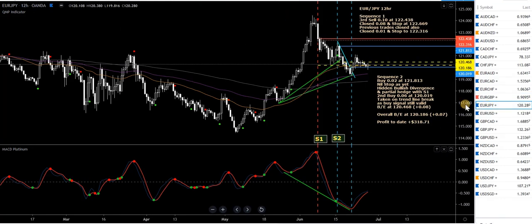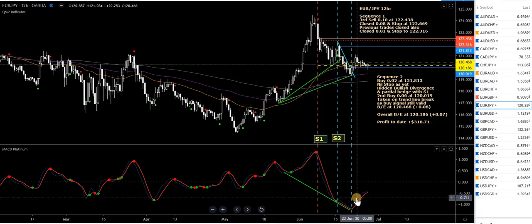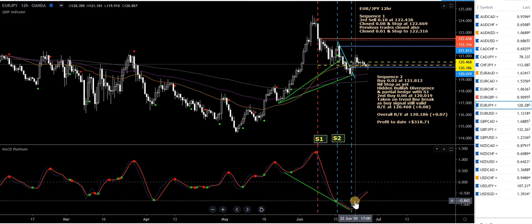Euro pound. Sorry, Euro yen, sell up here, with a stop in place, took a buy in here, and it's gone against me. I've drawn this trend line down, taken a second buy on the break of that trend line. It's gone up nicely through the break-even levels. I didn't close out or take any action. I probably should have in hindsight because the MACD Platinum's still below the 0 level.